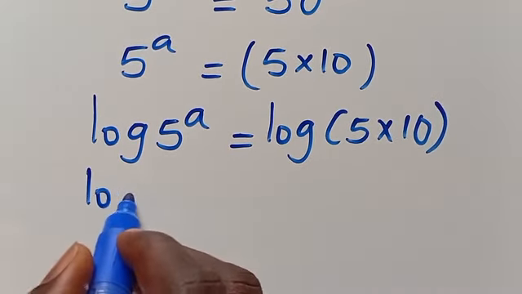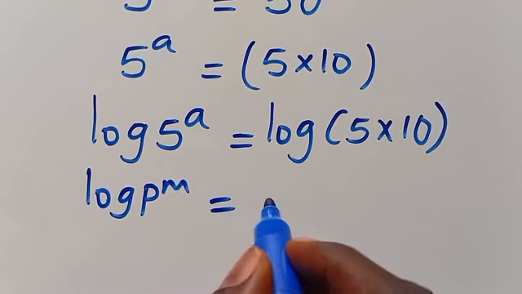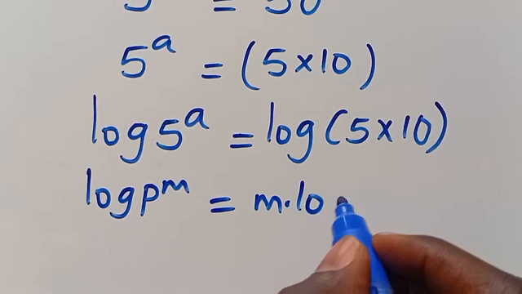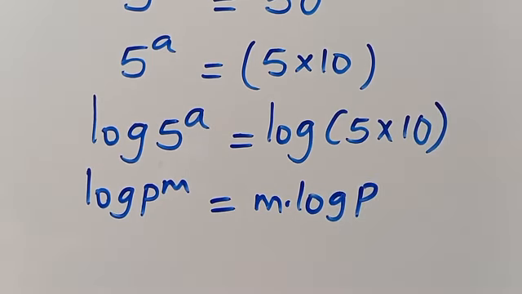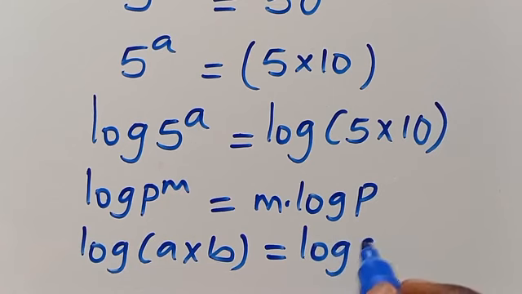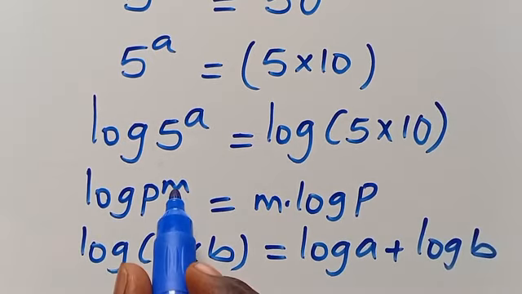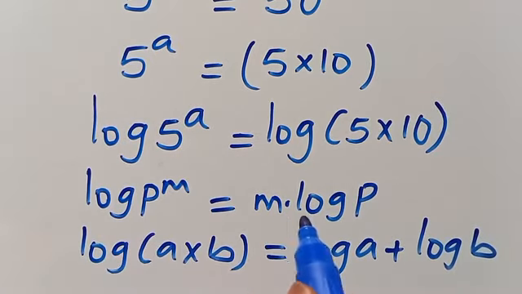Recall that when we have log p to the power of m, this equals m multiplied by log p. And when we have log, open parenthesis, a times b, this equals log a plus log b, where our a equals 5 and our b equals 10. Our m here is a, it will come down to the base here.